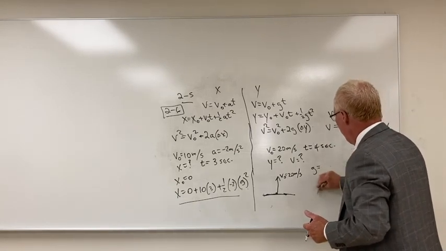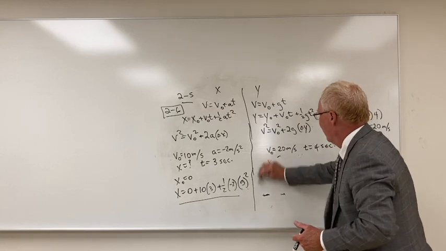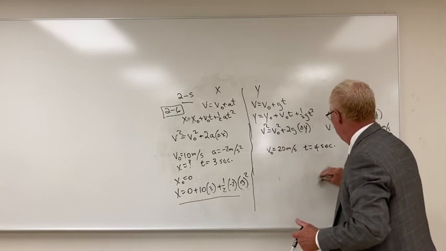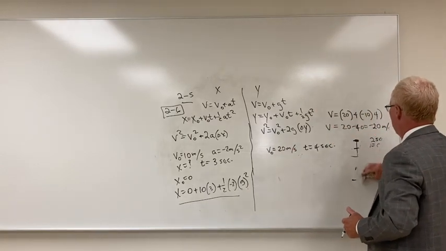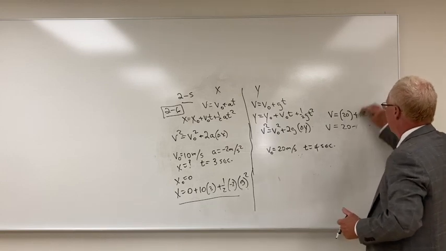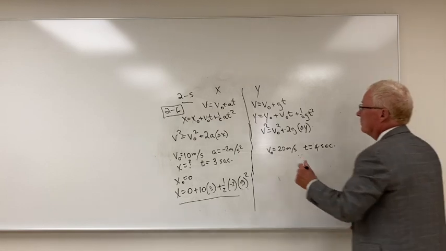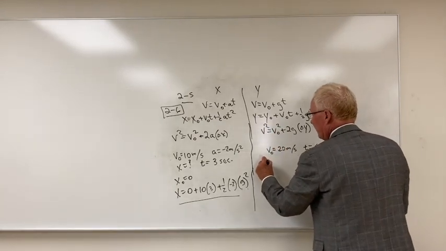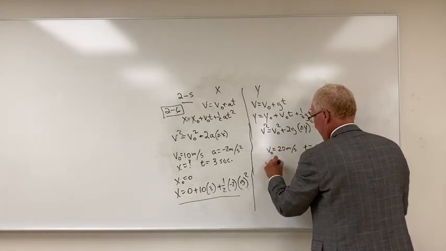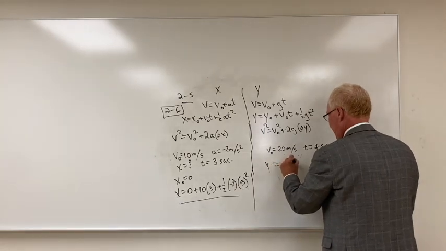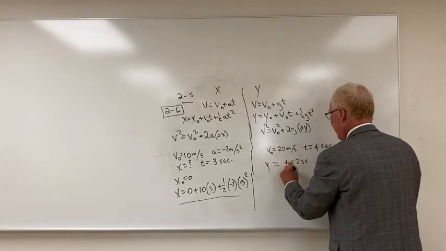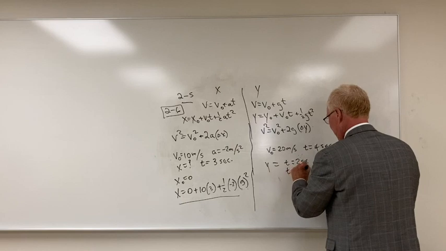So let's start with the first part. We want to find what y would be after t equals 2 seconds and t equals 4 seconds.